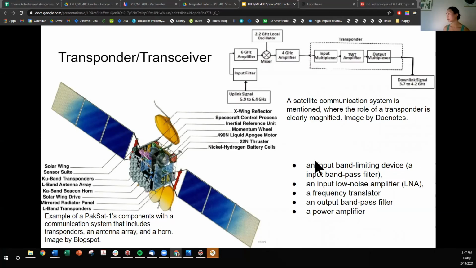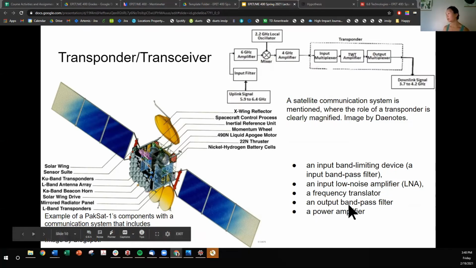A transponder or transceiver can include some band limiting device, such as an input bandpass filter, which I'll describe later on in lecture, some amplifier, a frequency translator, an output bandpass filter, and yet another power amplifier.